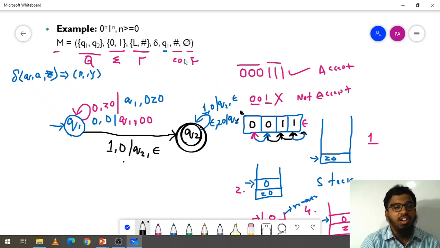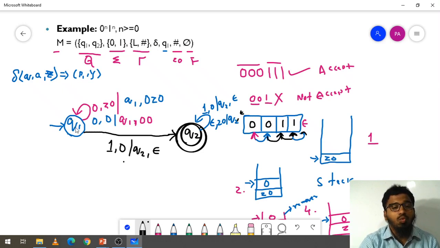Q0 is the initial state, and hash is nothing but the input in the stack, the finite symbols in the stack, that is Z0, and phi is nothing but the final state.